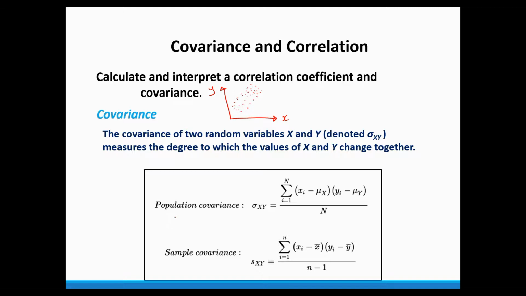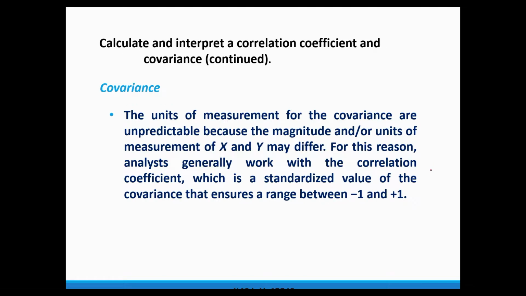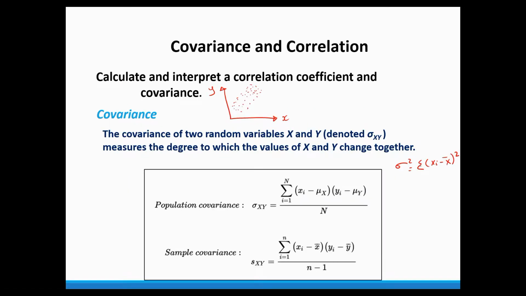So here for the population covariance, in the variance sigma square, we add the difference between the values and their means and divide them by the number of observations.